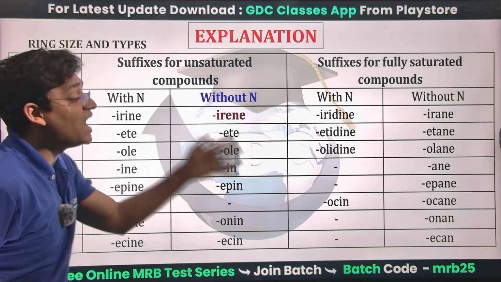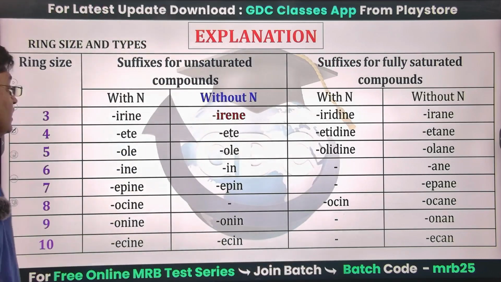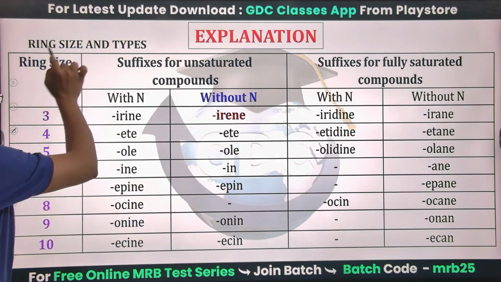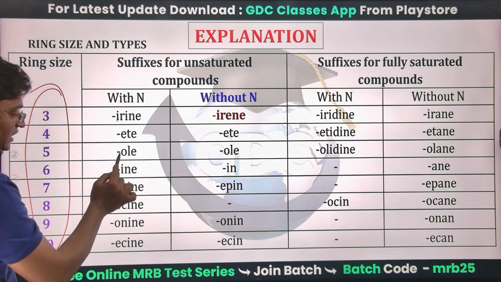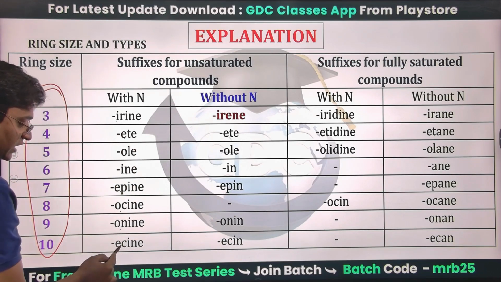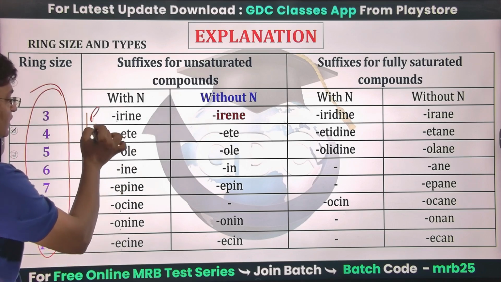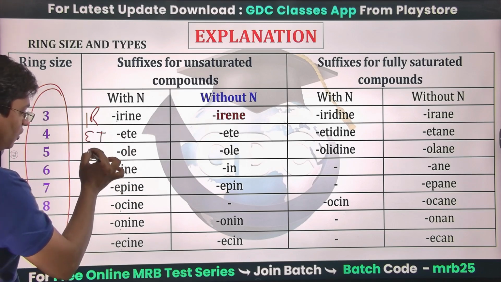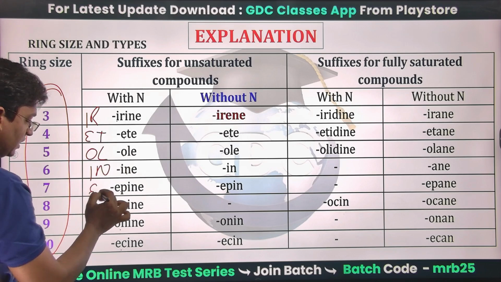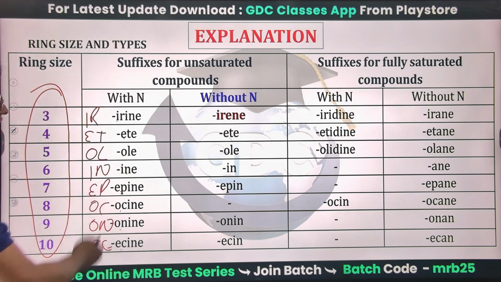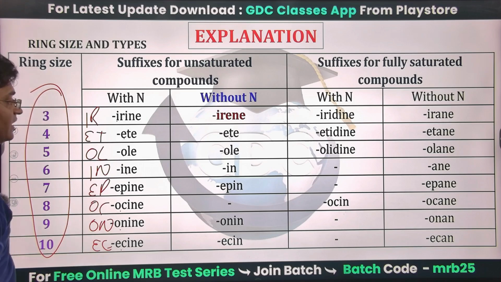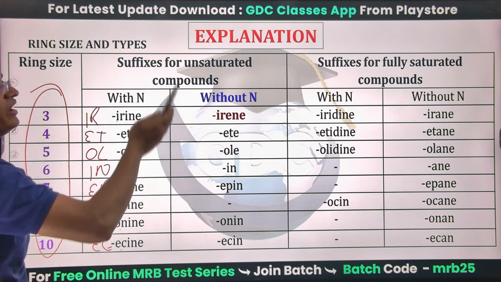Now this chart is very important. Like I have already told you that ring size, first of all we will be having ring size 3 to 10 with IR, ET, OL, IN, EP, OC, ON, EC. Okay, this is our ring size, and then we are having saturated or unsaturated.